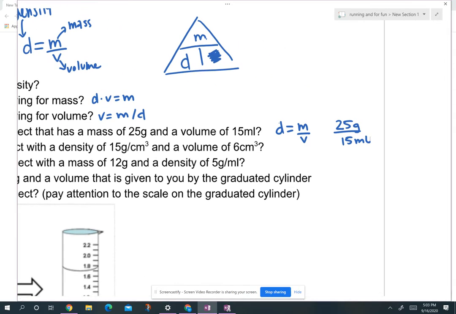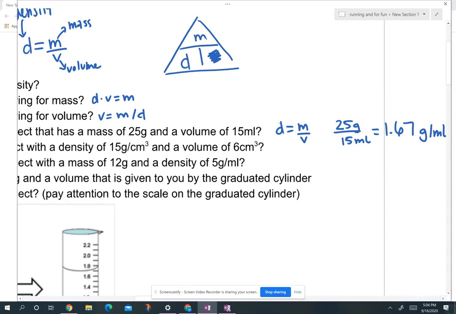I'm going to simply divide 25 divided by 15, and you should get 1.67 grams per milliliter, right?